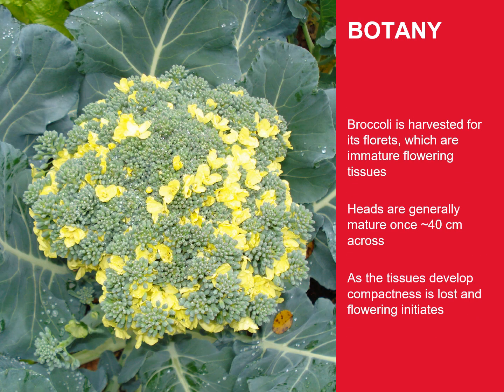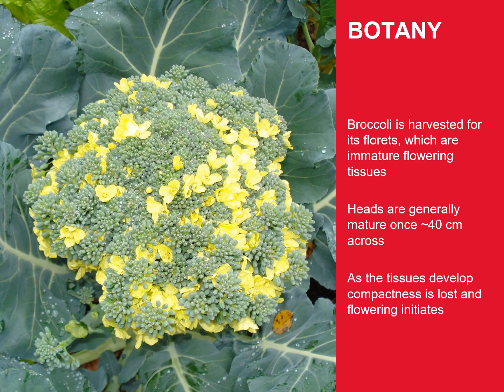Broccoli is harvested for its flowering or immature flowering tissues. What a broccoli floret actually is, is a cluster of different flower heads. The heads at maturity are around 40 centimeters across.